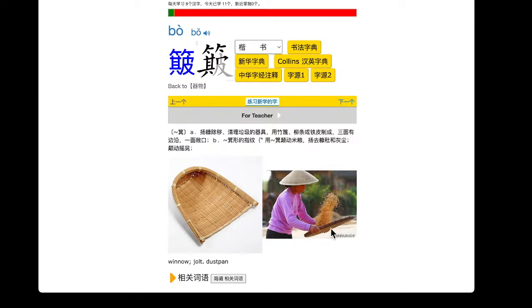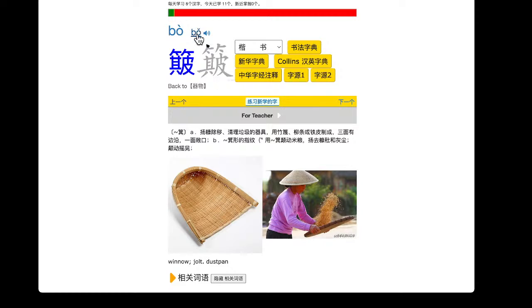This thing, you kind of toss the grains when it's windy, and because the chaff is lighter and less dense, the grains and rice and whatever you want to keep is going to fall onto the pan, and the stuff that you don't want is going to blow away in the wind. So either of these could be called boji.